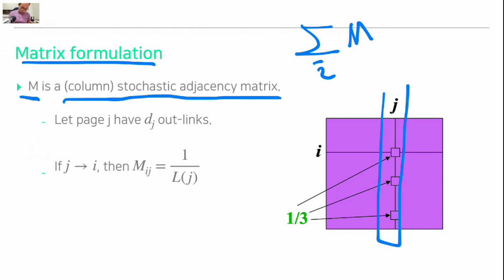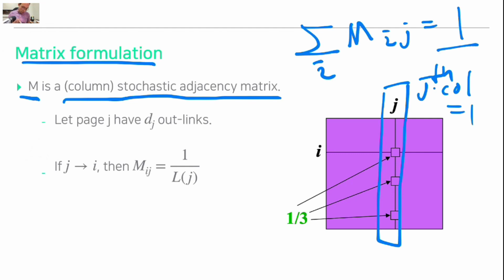Which means for all the different rows, the sum of all elements at the jth column equals 1. So this means all the values are between 0 and 1, right?